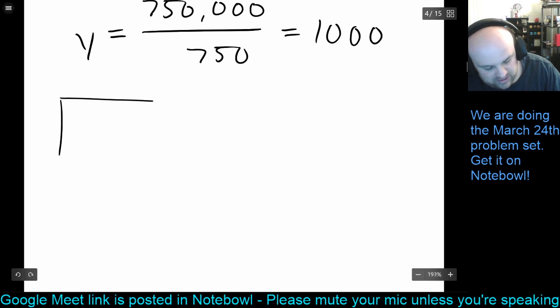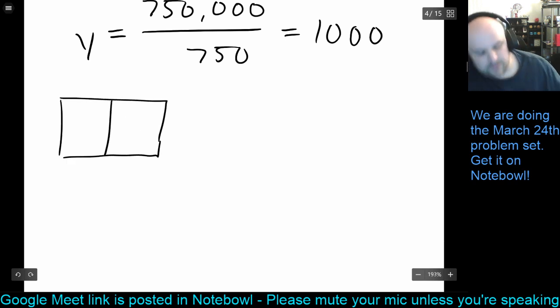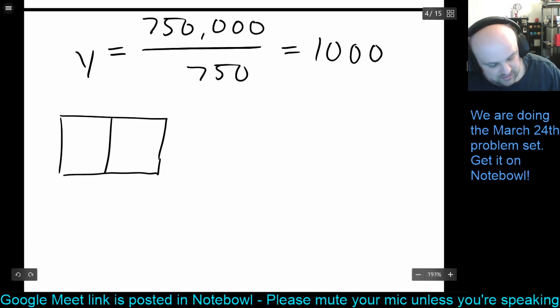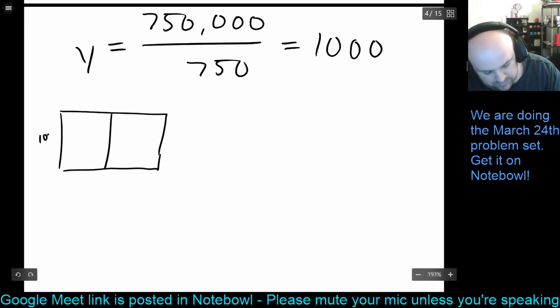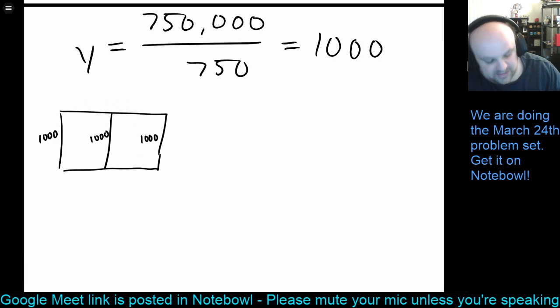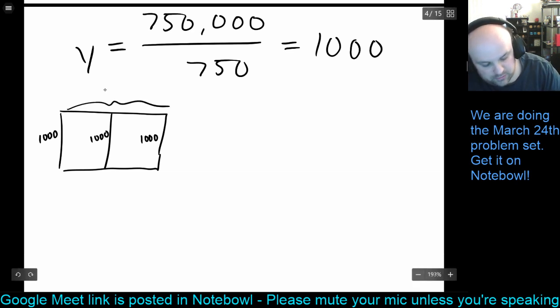So what we're looking at is a picture like this, where these are the 1,000 sides, and each of these parts are 750, so this whole thing is 1,500, right, for the whole edge here.